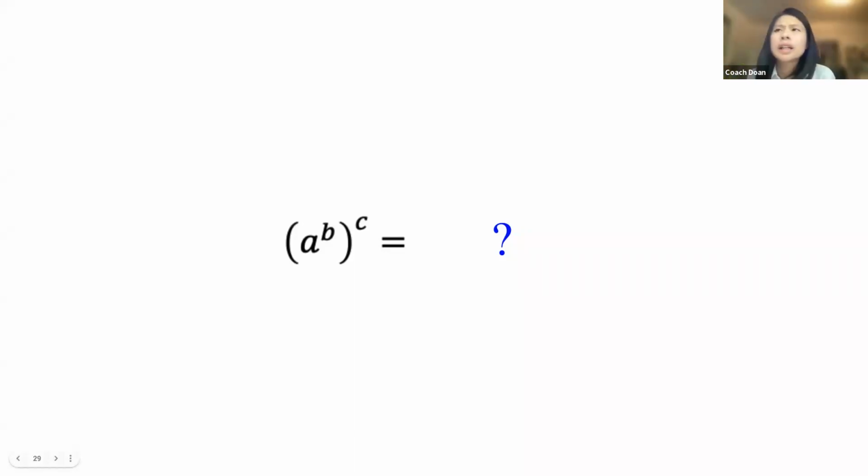Yeah, you can think of an example. Let's say you have 5 cubed and you're squaring it. Figure out how many fives you have. And you could also list it out on your paper to see the pattern.